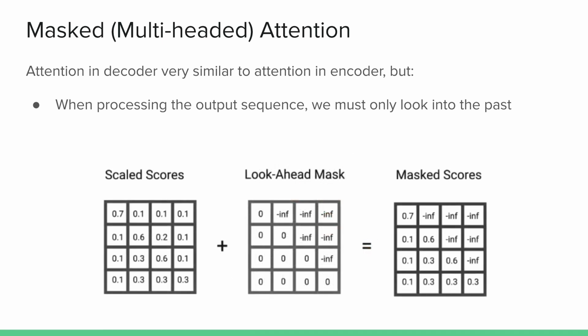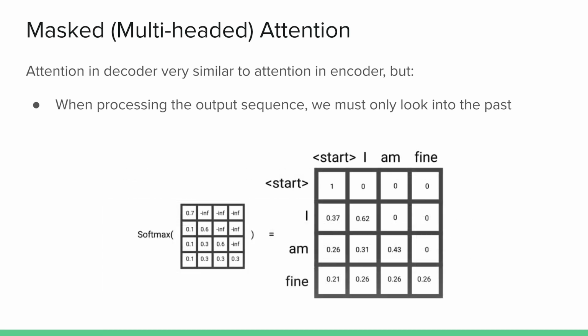We have our scaled scores that we compute exactly in the way that we did for our encoder, and we add this so-called look-ahead mask, which is just -infinity for the right top part of our matrix. And if you sum these up, you get those masked scores where all of the right top part of our matrix is -infinity, and after normalizing this, those will become 0, which is exactly what we wanted to have.